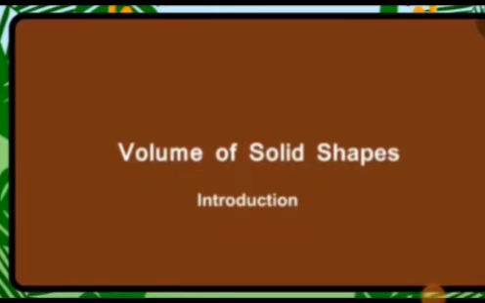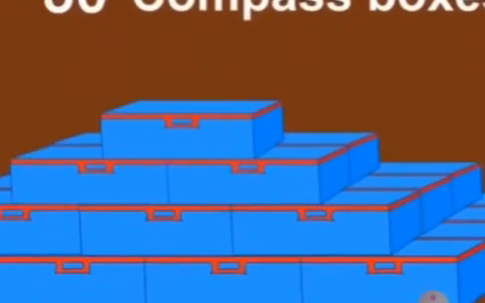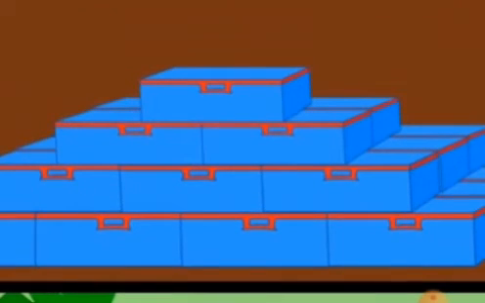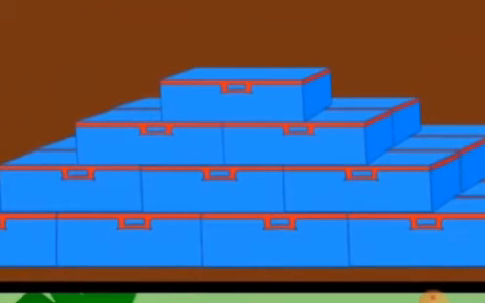Volume of solid shapes. Here in this picture, how many compass boxes are there? Let us count. From bottom, in first layer, there are 16 compass boxes.